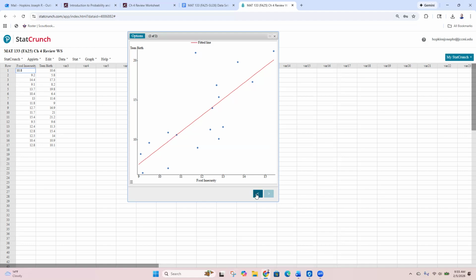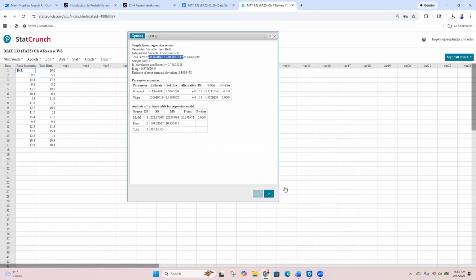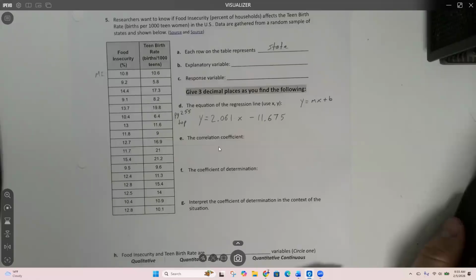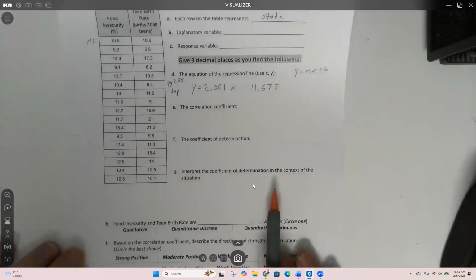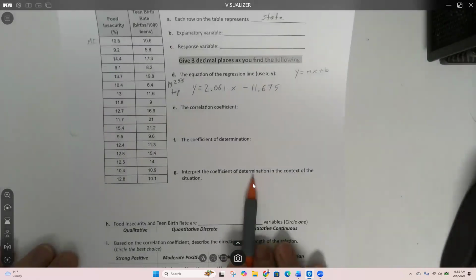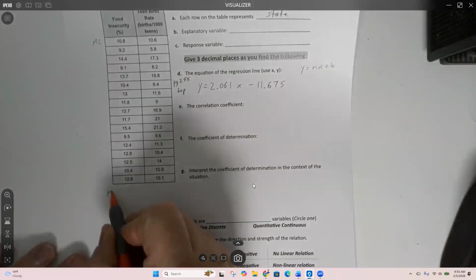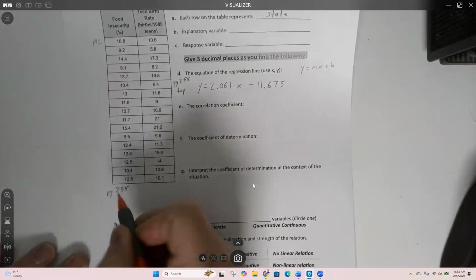So anyway, let's skip down to question G here. Interpret the coefficient of determination. The coefficient of determination is the R squared, in the context of the situation. You'll find that on page 255.